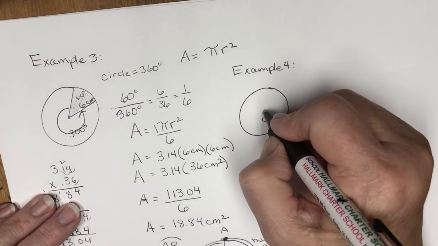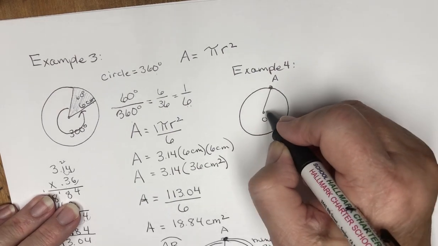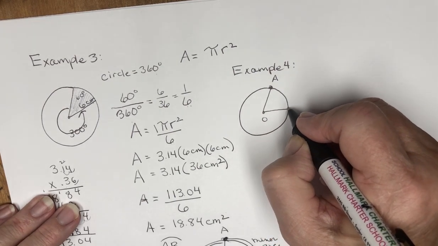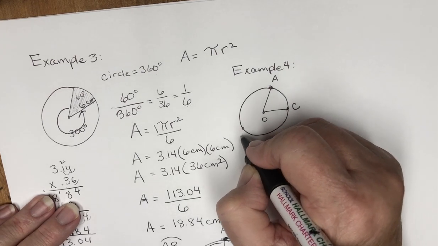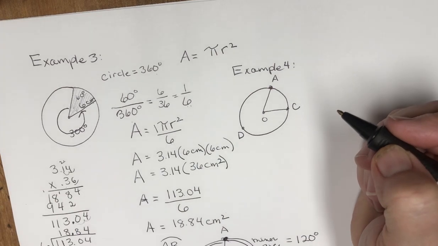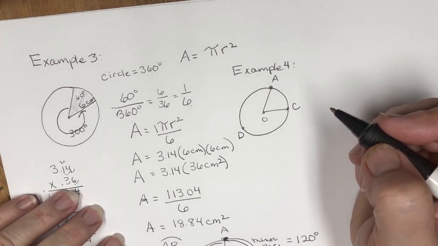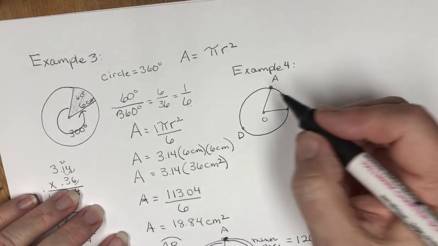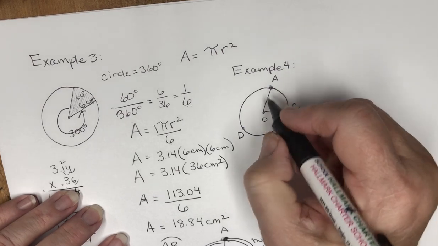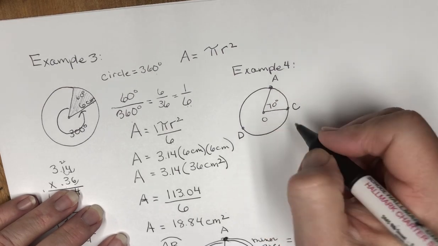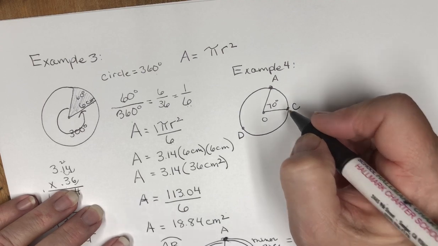This is O, and it goes out here to A, and it goes out here to C, and there is a dot out here called D. There are my 3 points that we're interested in. They ask, in this figure, the central angle AOC, that's a central angle, measures 70 degrees. What is the measure of the major arc?